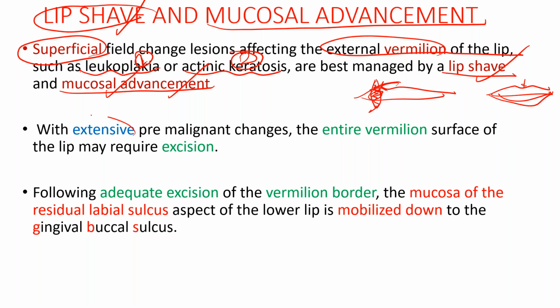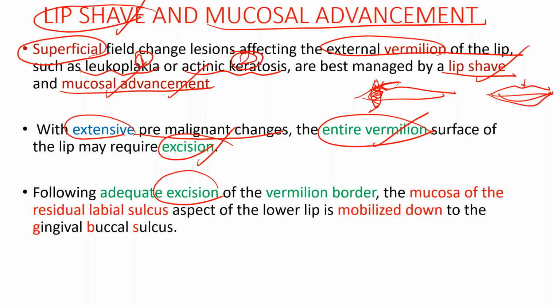With extensive pre-malignant changes, if the malignancy is higher, the entire vermilion has to be removed as part of the excision.